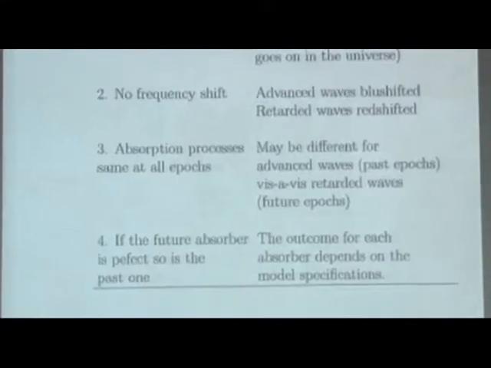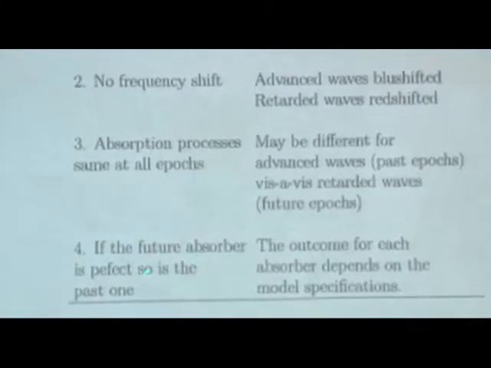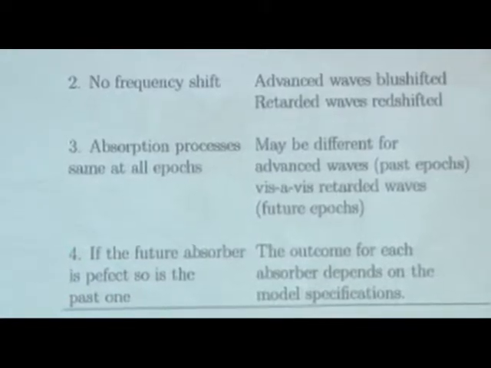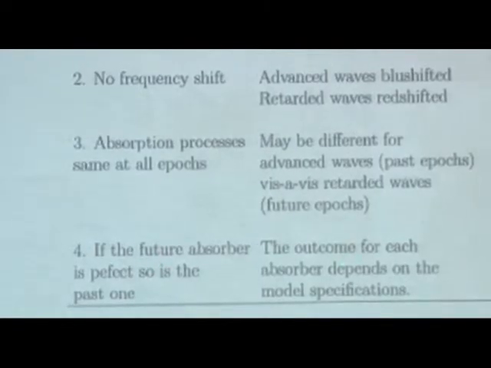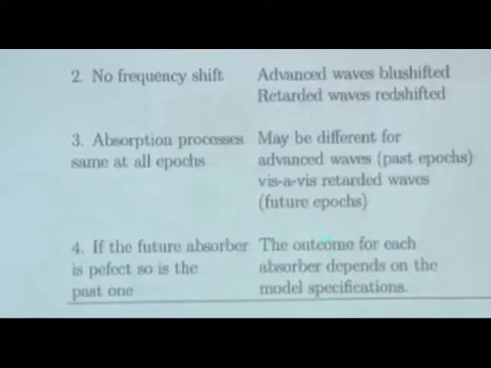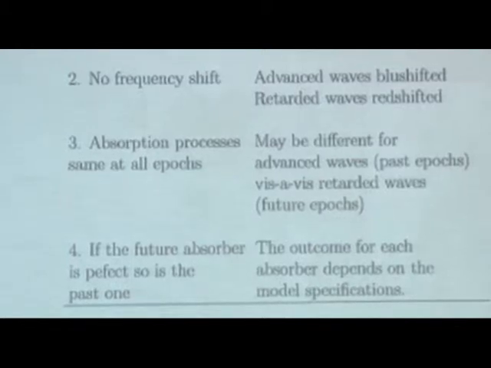So, these will be different. If the future absorber is perfect, so is the past one, because of the symmetry in the static universe between past and future. This will happen, but here you cannot say beforehand. You have to examine each and every model and decide what the answer should be.